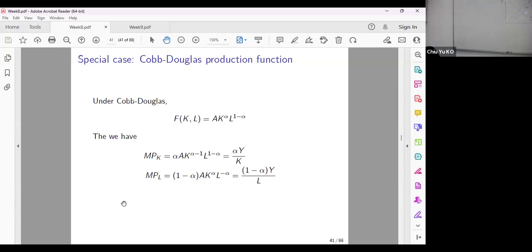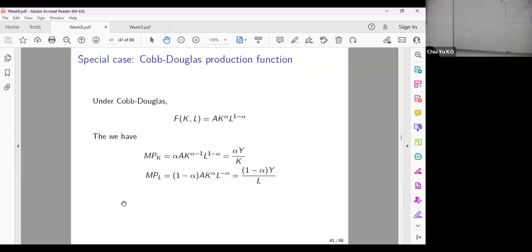Last slide. So why do we want to care about that? It's because we can estimate the marginal product of capital and the marginal product of labor if you're willing to assume this formula.